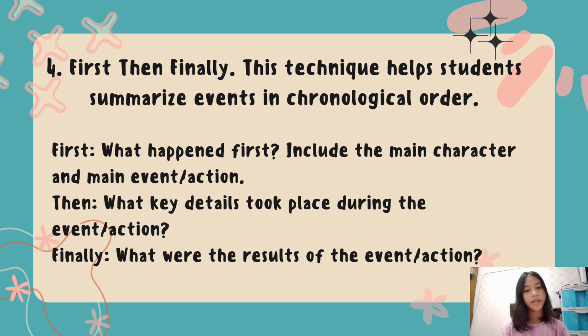First, then, finally. These techniques help the students to summarize events in chronological order. First, what happened first? Include the main character, main event or action. Then, what key details took place during the events or action? Finally, what were the results of the events or action?